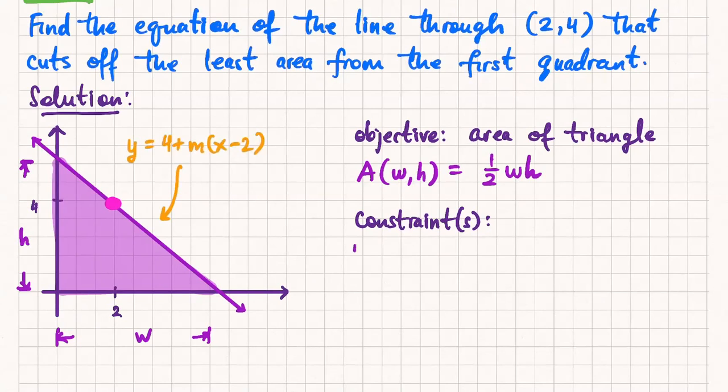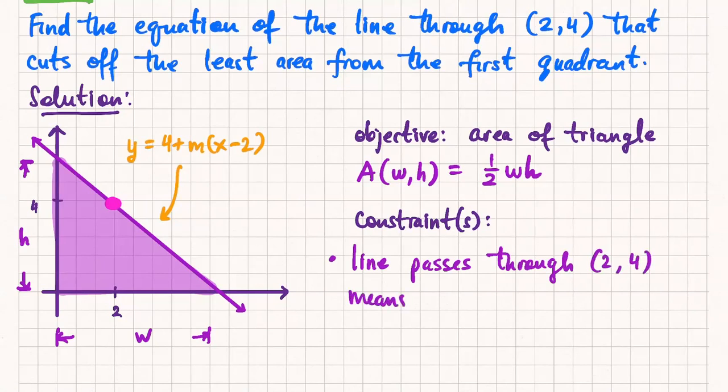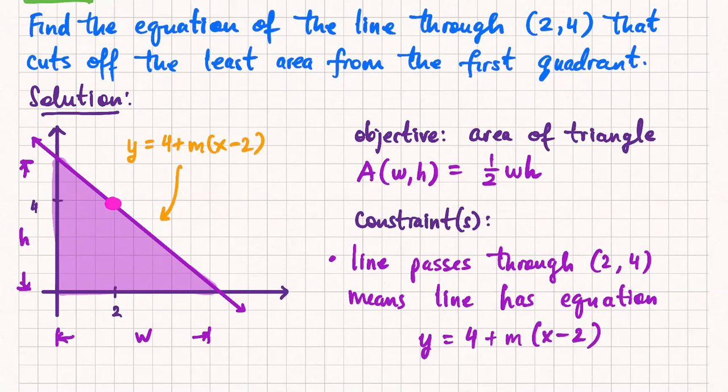So the fact that the line passes through (2, 4) means the line has equation y equals 4 plus m times (x minus 2). m is the unknown variable here. Should we switch out x and y for w and a?